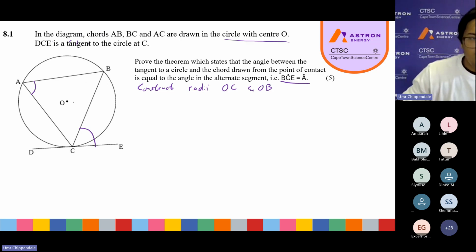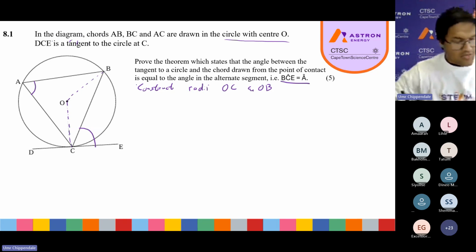And we're linking these things together. So we're going to make our radius here. Because remember, whenever we have the center of the circle and it reaches the end of the circumference, we know it is going to be a radius. So there we have it, right?